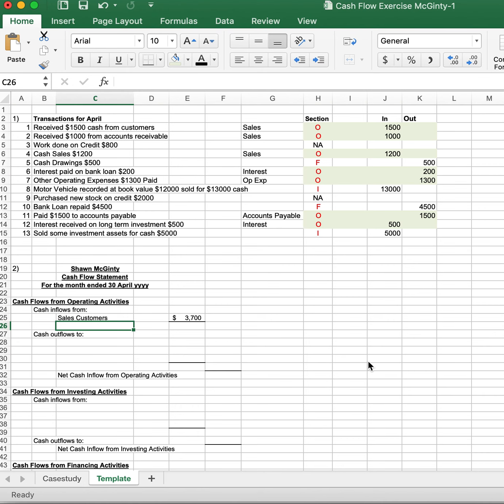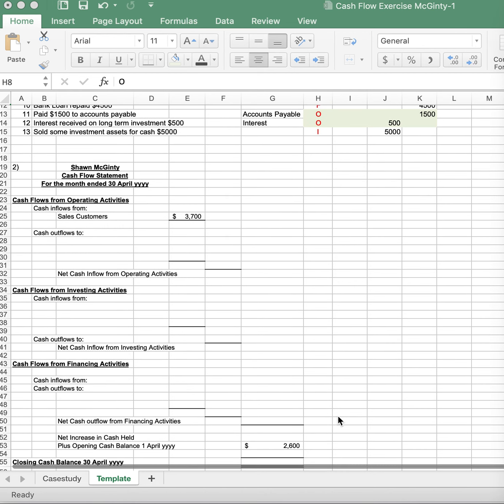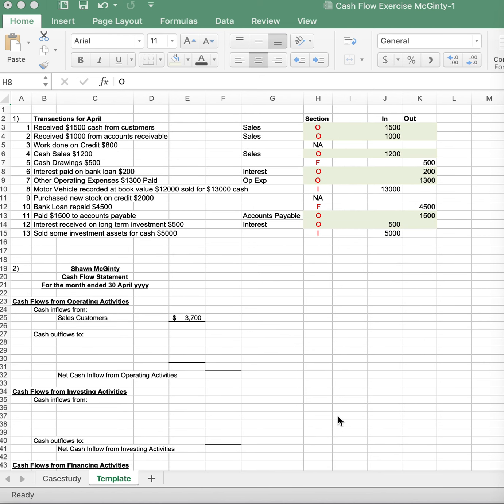Right, I'm just having a look at the model answer, and it's interesting. We've got interest received in the investments and interest paid in the operational.